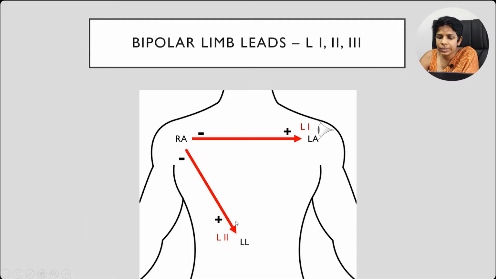Likewise, lead 2 detects electrical activity from the electrode attached to the left lower limb, and it looks at the heart from the left inferior side of the heart. And lead 3 again detects the electrical activity from the left lower limb electrode, compared to the left upper limb electrode, and looks at the heart from the right inferior side. Actually, the right lower limb electrode is an earth electrode.